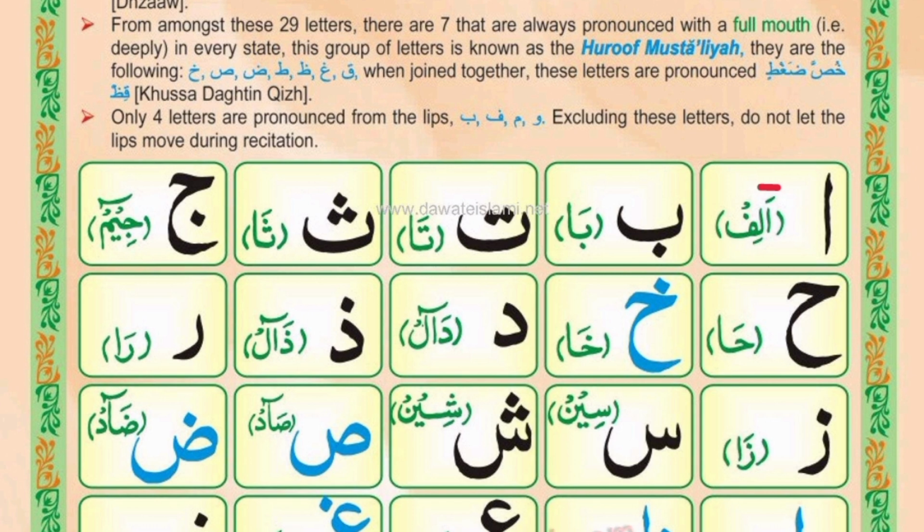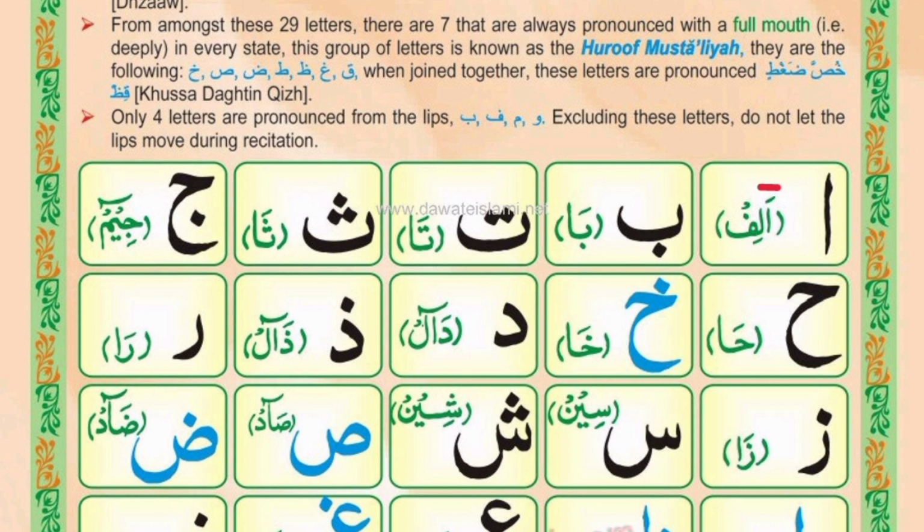Okay, but there is quite a difference here. They have the same articulator, but there is a difference. The difference is that we pronounce jim from the middle of the tongue and the middle of the palate, but the tone of jim is stronger.